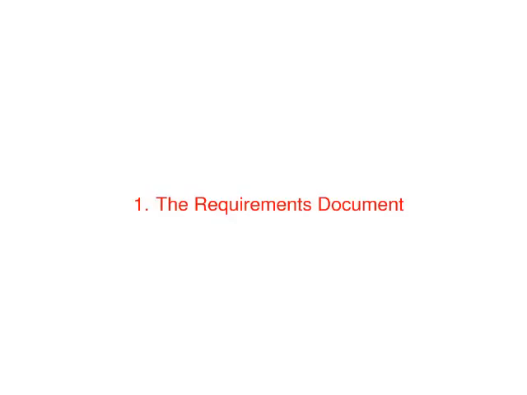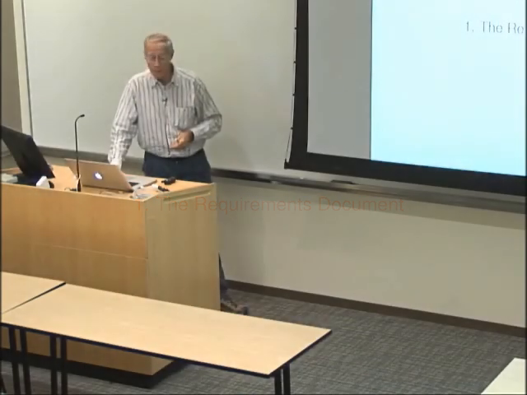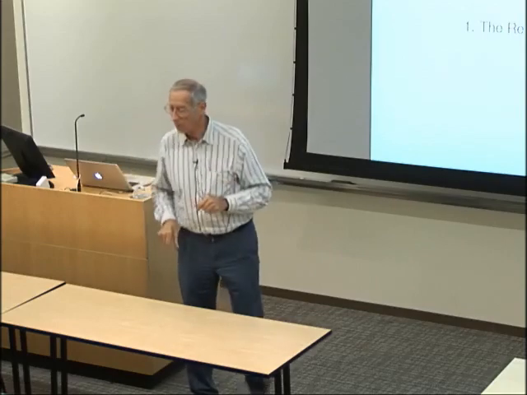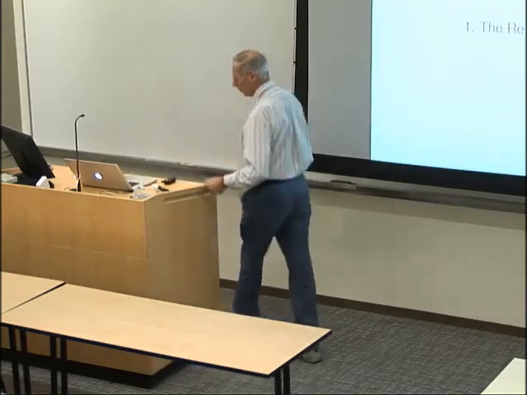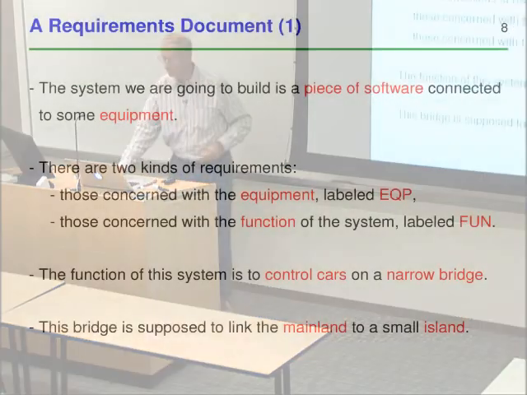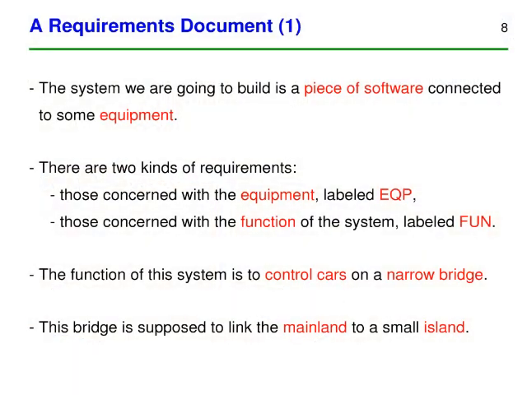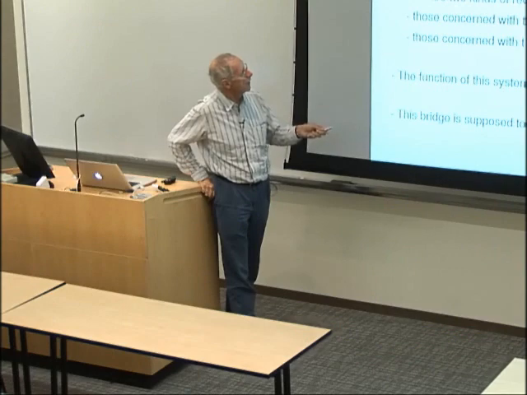So the requirement document. Let me describe this system in a very general way. This requirement document will be made of 2 texts embedded in each other: some general explanation, plus some well-defined boxed requirements. These requirements will be labeled, and they will be concerned either with the equipment of the system or the function of the system.